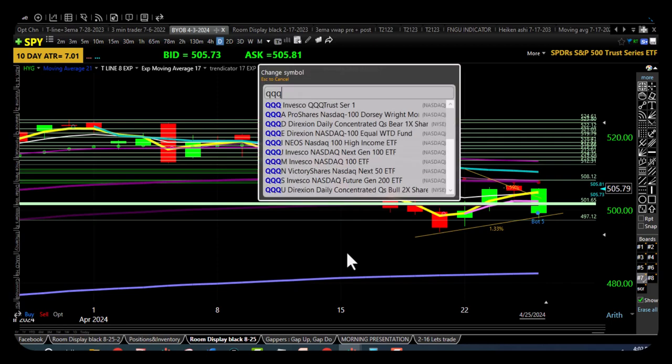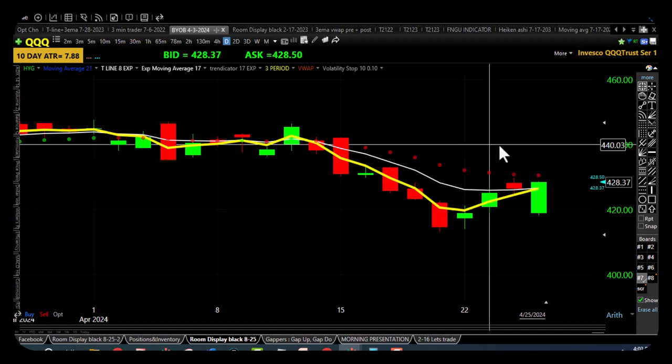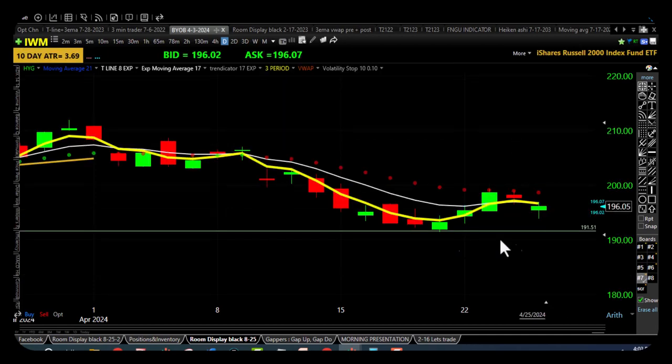Let's go to QQQ. QQQ has a lower high, lower low, closing over the bullish cross, under the 17 EMA. It's trying to fight off the downtrend, putting in that higher low. SPY did the same thing. Let's take a look at IWM.